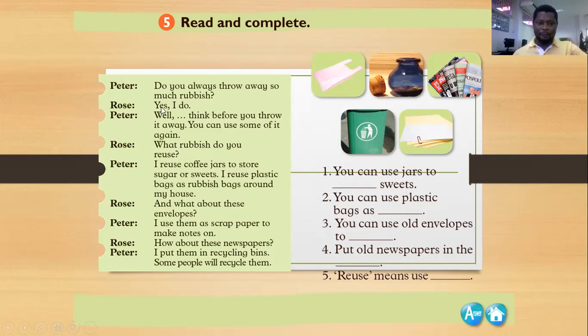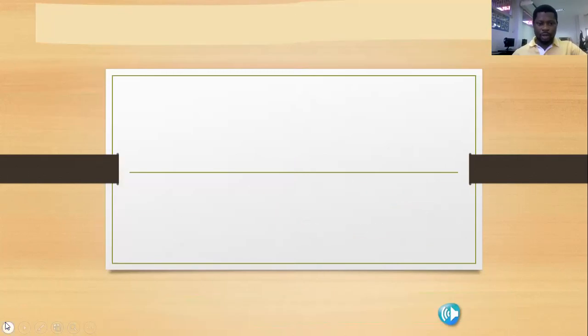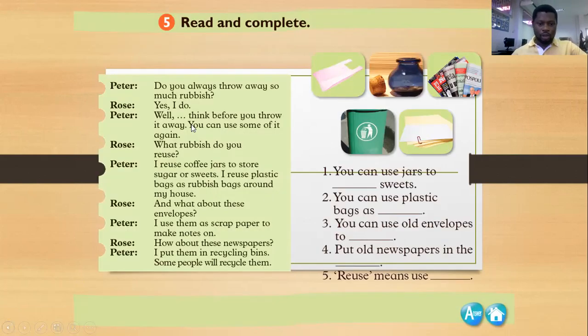So he said that you can use jars to store sugar or sweets. So that is the answer in this position.